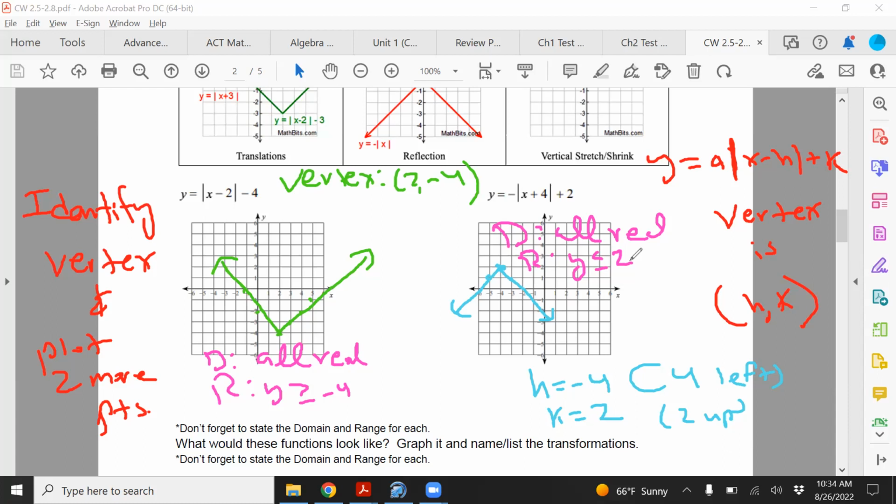Range is y. For our test it will be all real, but we will eventually in the future, probably in the spring semester.